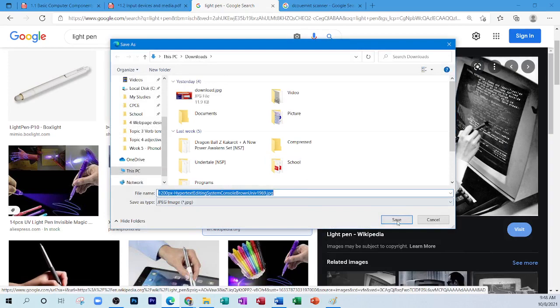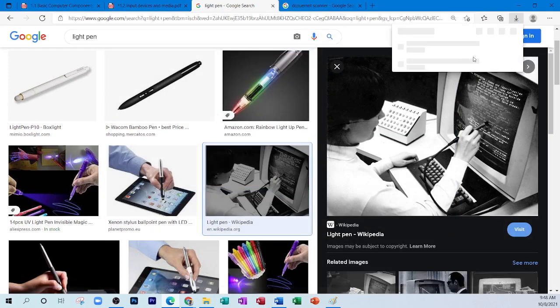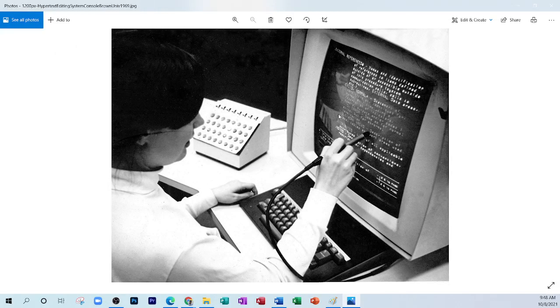Let me download it so that you guys can see it better. Okay. So this is an example of someone using a light pen. So the light pen was used as a pointing device. If you notice, anybody notice anything on the screen? Take a good look at it. What is missing from the screen?